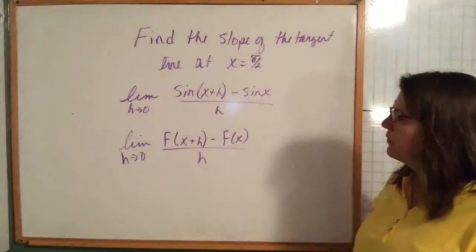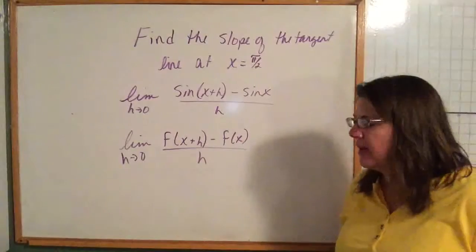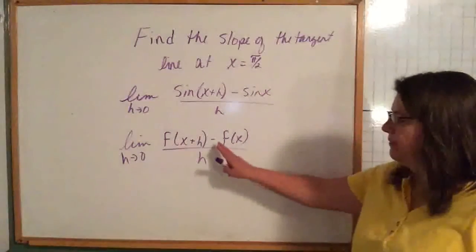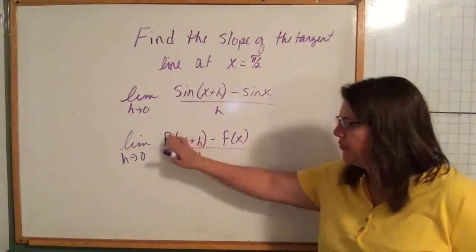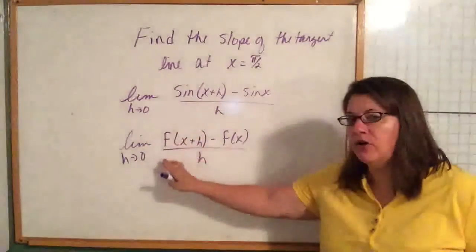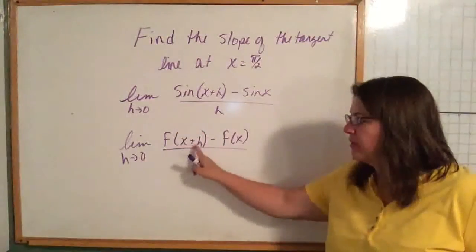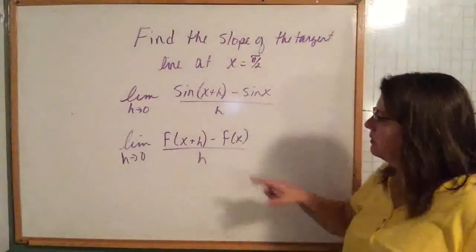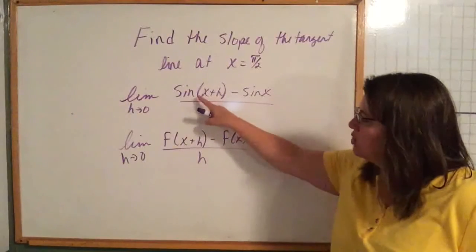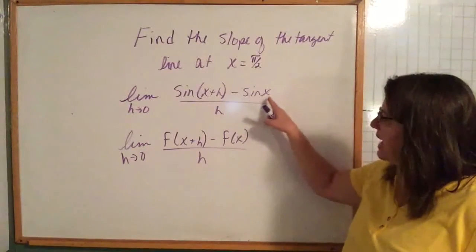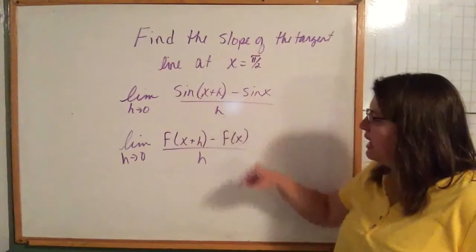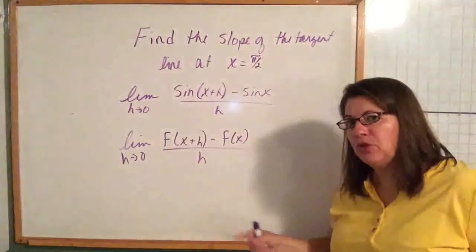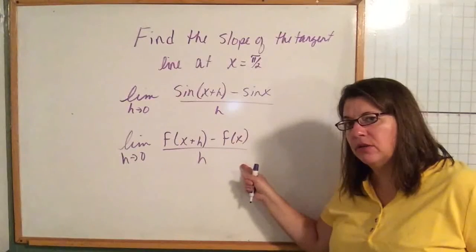If you look at this, isn't the f of x function what is after the subtraction sign, right? In the first part, you should have the f function with x plus h plugged into it. So look at what you've got here. We've got sine of x plus h minus sine x all over h. Isn't that a function that's been plugged into using the derivative definition?